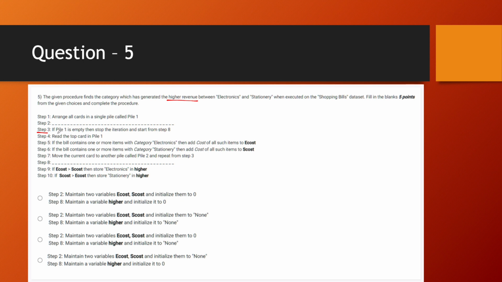So then what does step 5 state? Step 5 says that if the bill contains one or more items with category electronics, then add the cost of all such items to E cost.